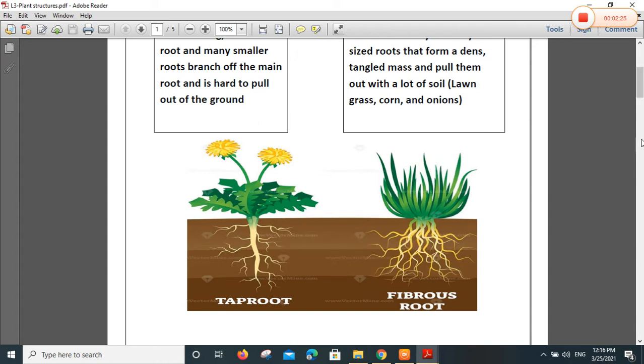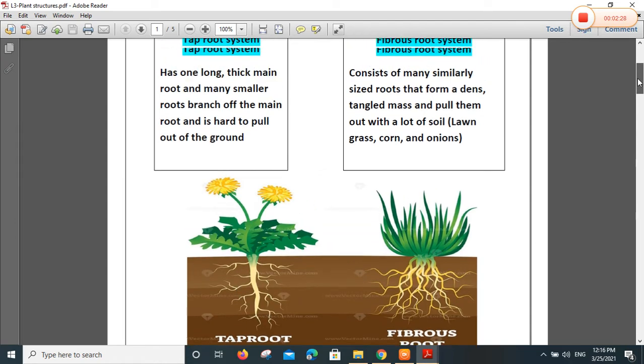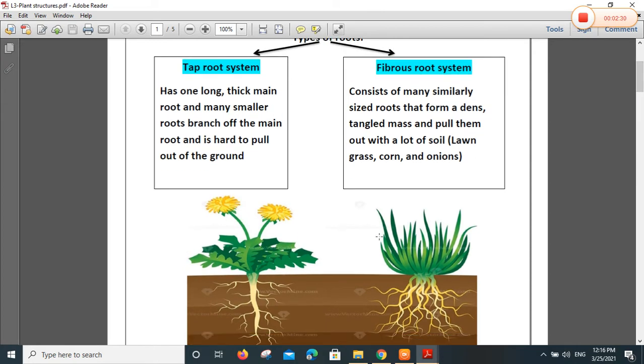It absorbs minerals and water, and also fixes the plant. Many branches come out from it to absorb water and minerals and to support. It's hard to pull this type of root out of the ground.